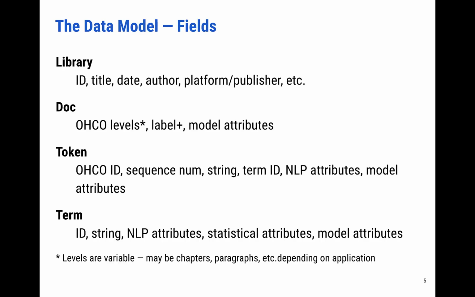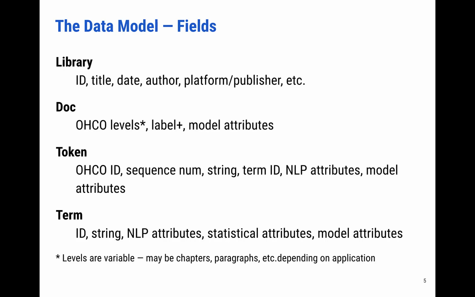The token table, as we've just seen, is a juxtaposition of an ordered hierarchy of content objects ID and a term ID, what I have here. And in addition, it'll have a sequence number, where that juxtaposition occurs. Sometimes that sequence number is actually part of the ordered hierarchy of content objects. And it consists of a particular string, which is the raw string of the token.